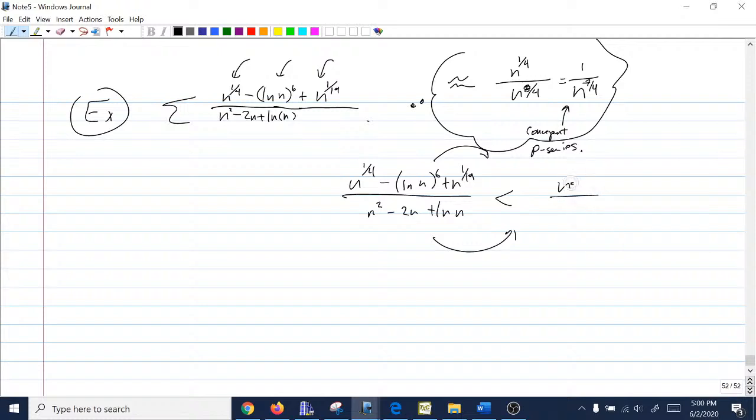Let's explain why this is a reasonable comparison. Did the top get bigger? Throwing away this did make it bigger. Throwing away that did not make it smaller. So no, that did not work. I don't get to say that it's immediately less, so I'm stuck doing limit comparison. And limit comparison will work. Limit comparison will turn this into, if you eventually do the right things, this divided by n to the 1/4 over n squared, where you're dividing by n to the 1/4 on top.